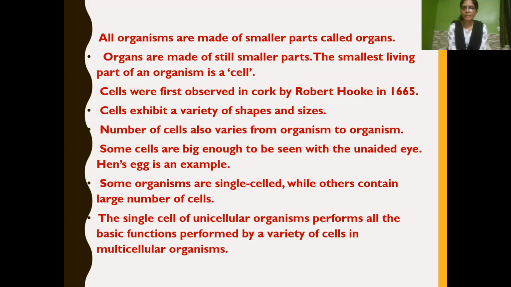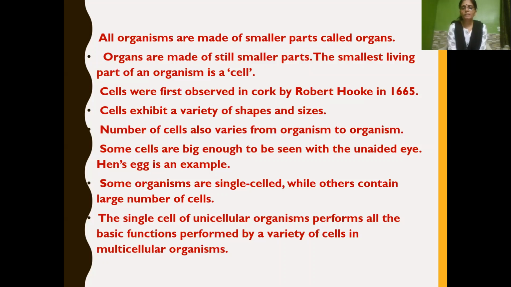About size, we have learned that some cells are big enough to be seen with the unaided eye, that is, with the naked eye we can see a single cell. A hen's egg is an example of a cell which we can see with our naked eye.